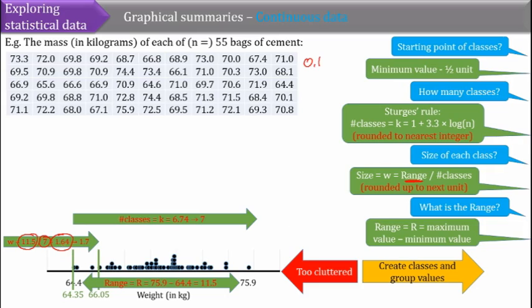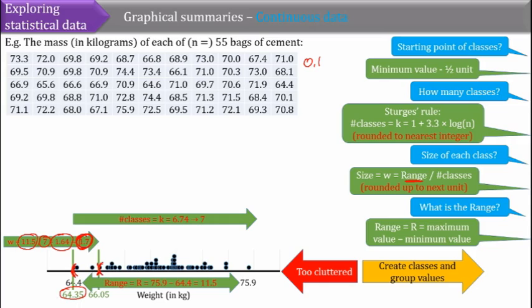So we need to round up to 1 decimal place, and that will give us this 1.7 over here. So if this is the size of each class, then we'll start with the smallest value, which is the 64.35, and we will add 1.7 to it. And that gives us 66.05, which is our first class. The first class then goes from 64.35 to 66.05.